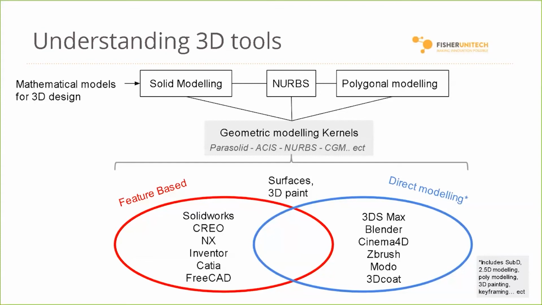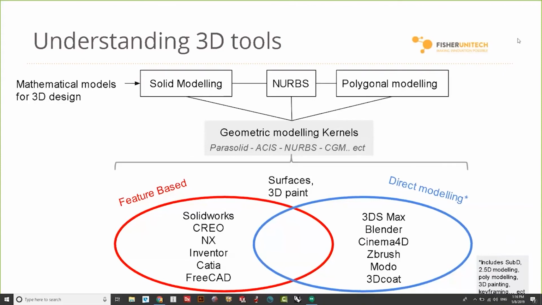So on one side, we have feature-based modeling. That's what people might call parametric modeling, or solid modeling is also a term associated with it. And these are like Creo, SolidWorks, NX, Inventor. There's a lot of them out there. Some of them are super high-end, some of them are low-end. And then on the other side of the spectrum is what you would call direct modeling.